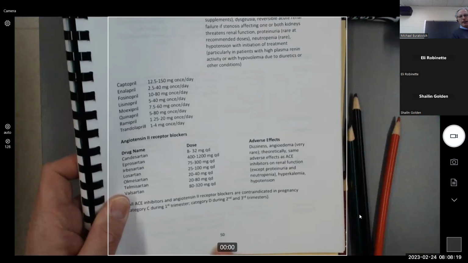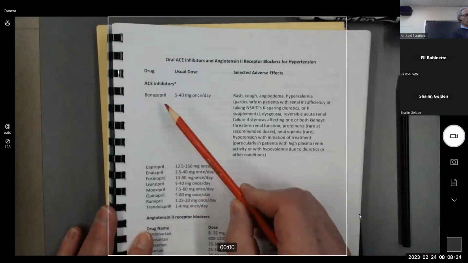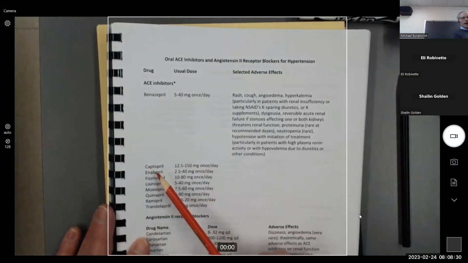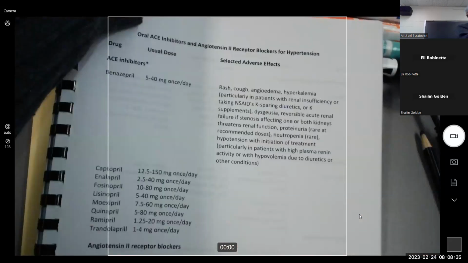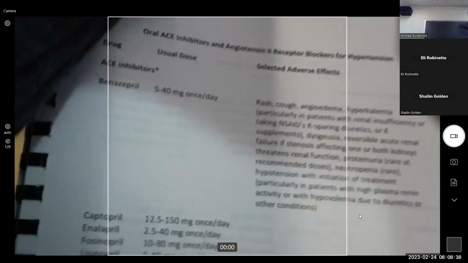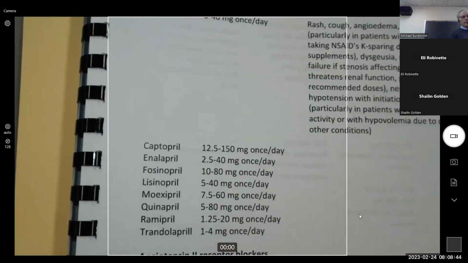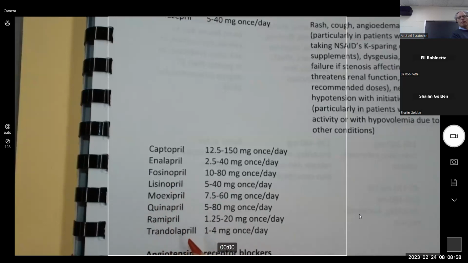On page 50 of your notes, notice that these drugs end in -pril. These are your ACE inhibitors: benazepril, captopril, enalapril, fosinopril, lisinopril, moexipril, quinapril, ramipril, trandolapril.